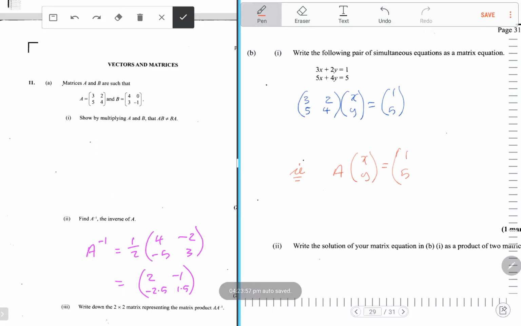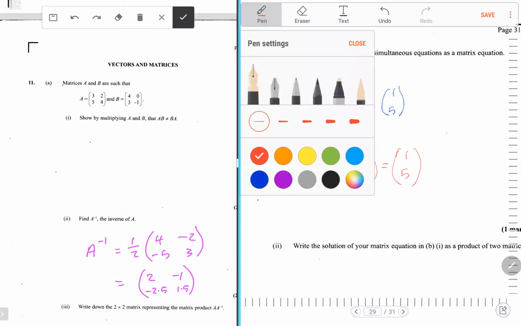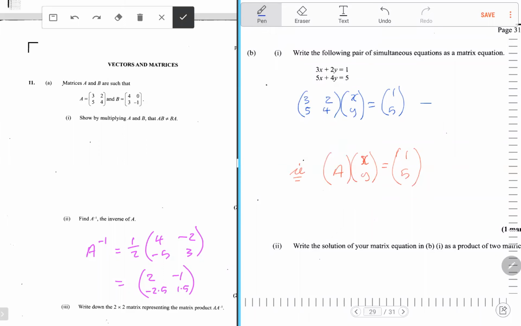So this is really the matrix A times (x, y) equals (1, 5). This is the answer for writing in matrix form, but I must recognize that the first matrix is really the A matrix.